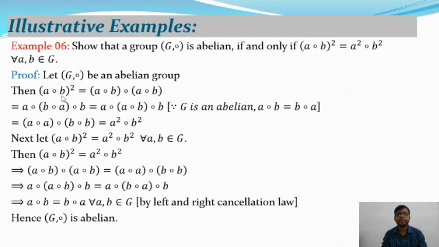So that means (A ∘ B)² = A² ∘ B² when (G, ∘) is an abelian group. This is the necessary part.